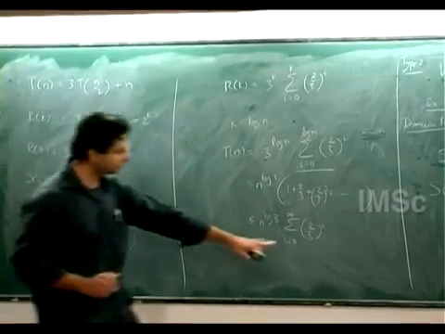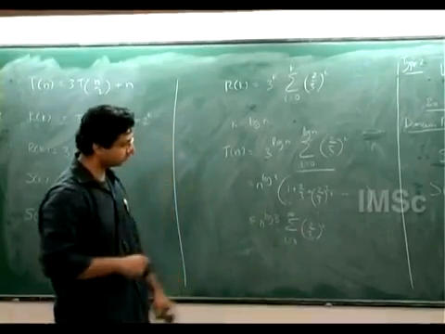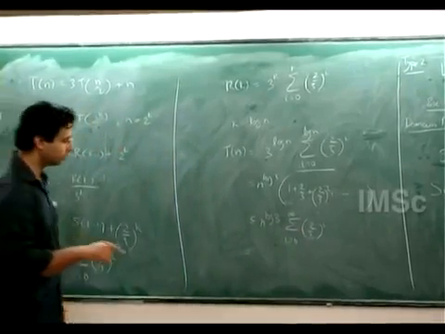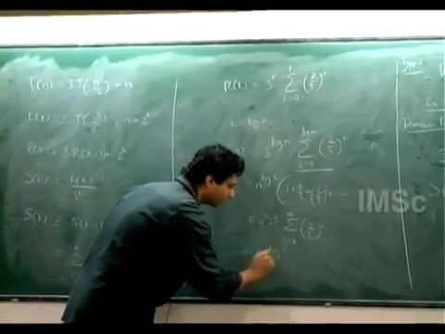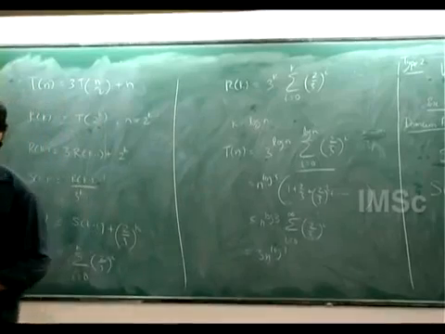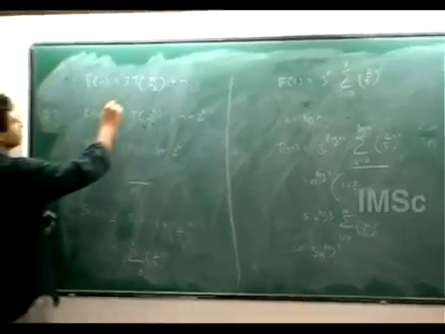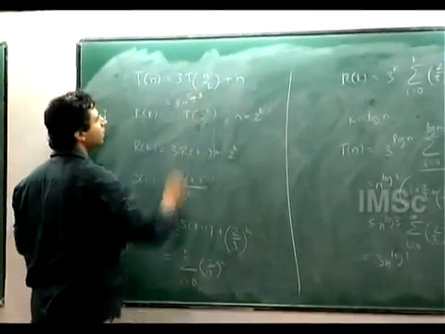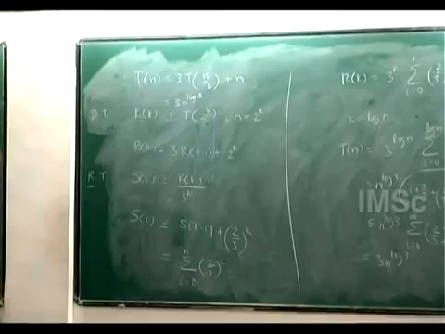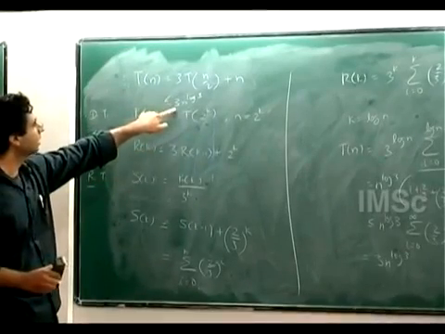And what is this geometric sum? This is 1 upon 1 minus 2 by 3, so that is just 3. So the solution for T of n is, or you can say more precisely, it's less than that.